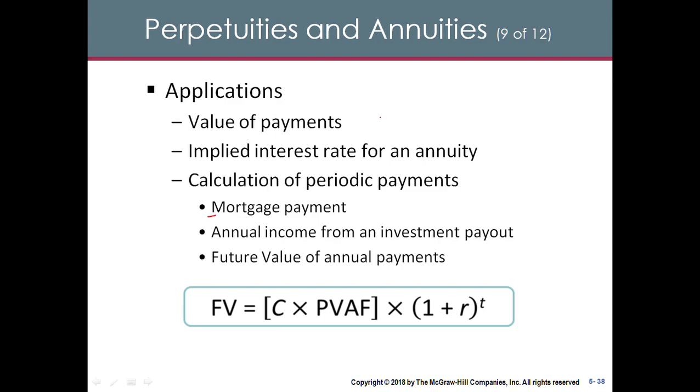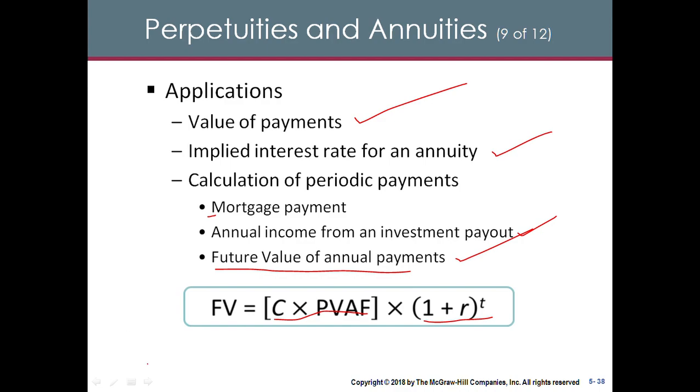So you use it for calculating the value of your payments, your implied rate of interest for an annuity, and also for calculating the mortgage payment, the annual income from any investment payout, or even the future value of your annual payment. For this last point, the future value of the annual payment, you can first calculate the PV of your annuity, and then compound it to the required amount.